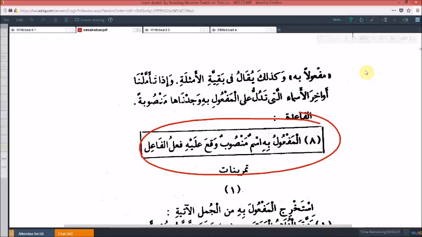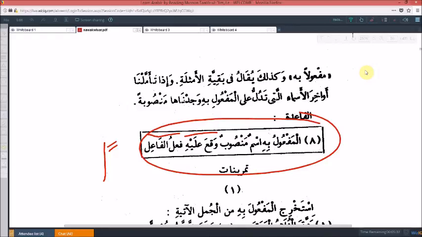The maf'ulun bihi, or the object of the verb, is a noun. Ismun is a noun. Mansub, accusative. Or for us right now, we would say with the fatha, right? No. Waqa'a alayhi fi'lul fa'il. The action of the doer falls on it. Waqa'a is to fall.